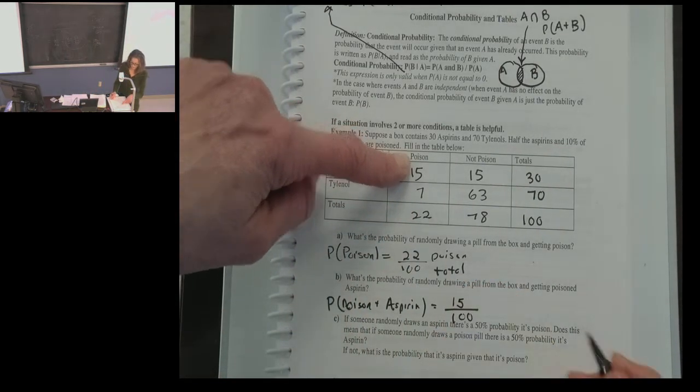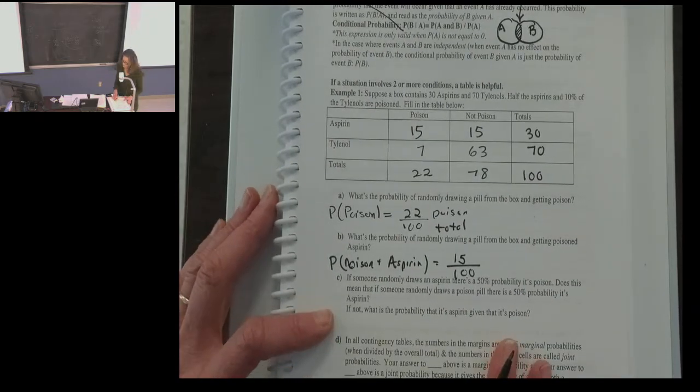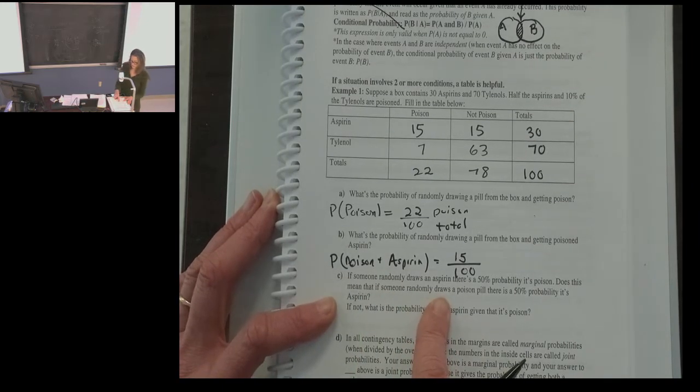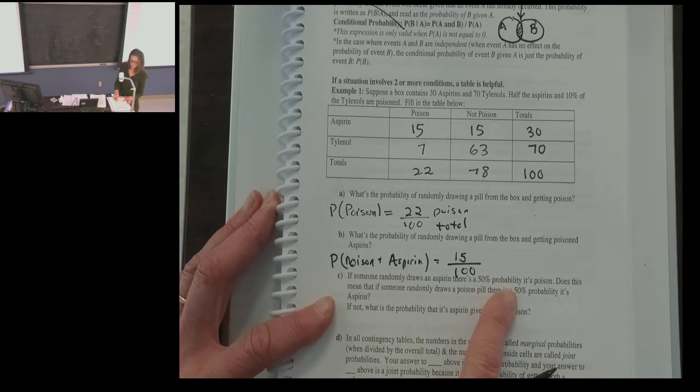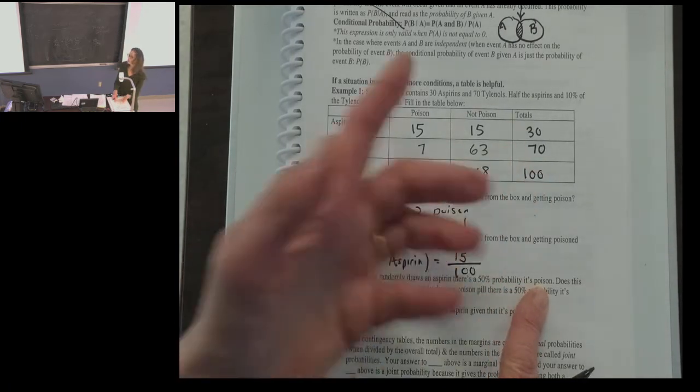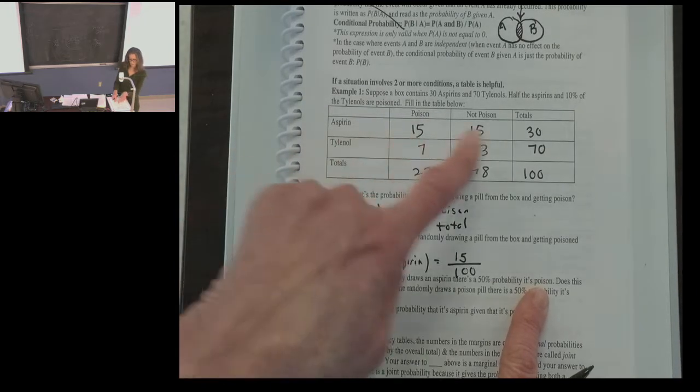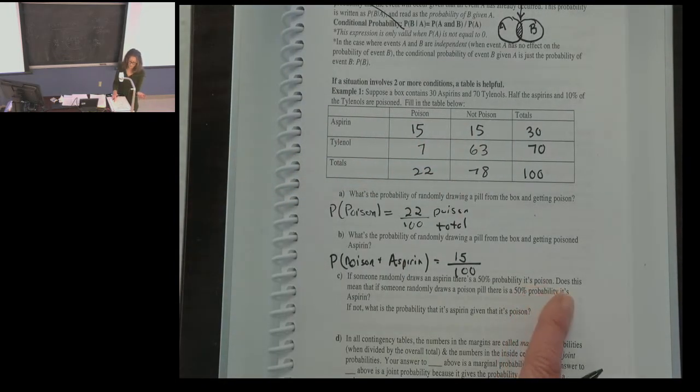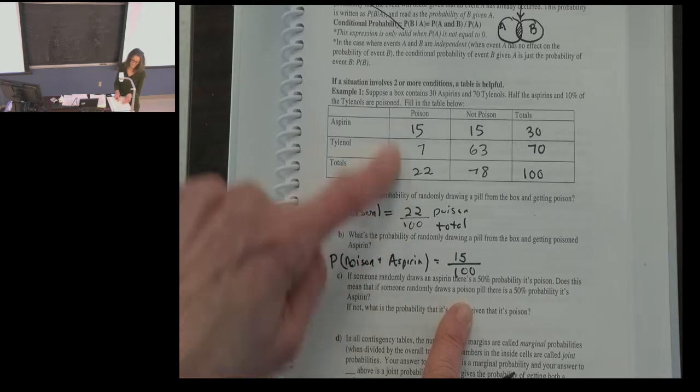Now here's an example of conditional probability. If someone randomly draws an aspirin, there's a 50-50 chance that it's poison. Does that mean that if someone randomly draws a poison pill, there's a 50-50 chance that it's aspirin?